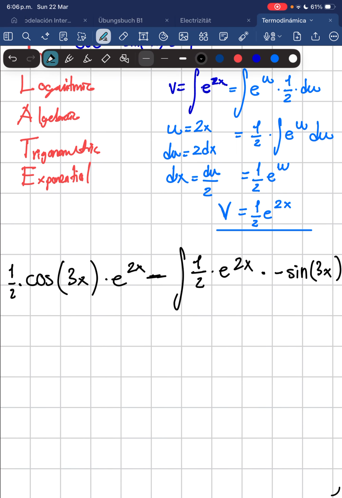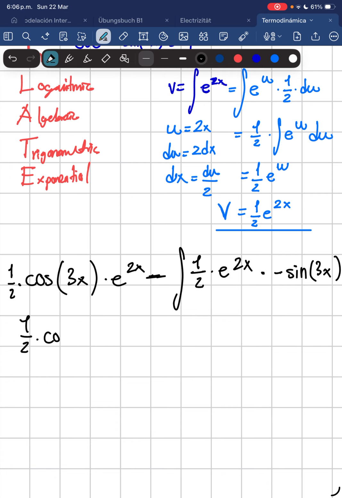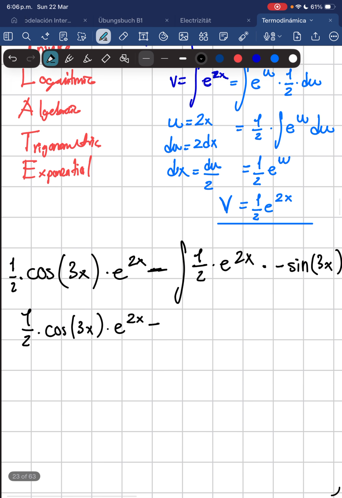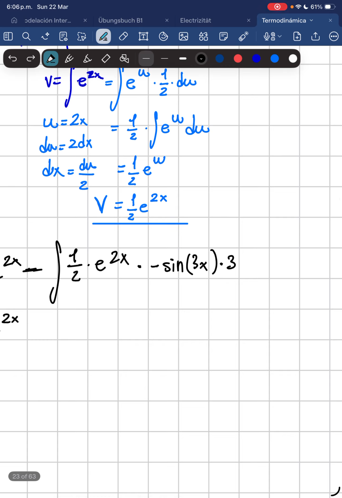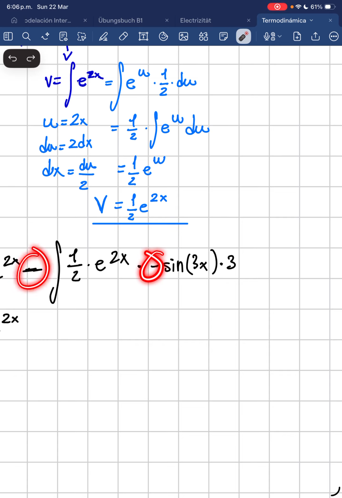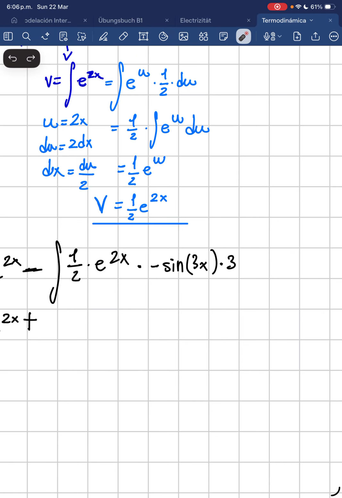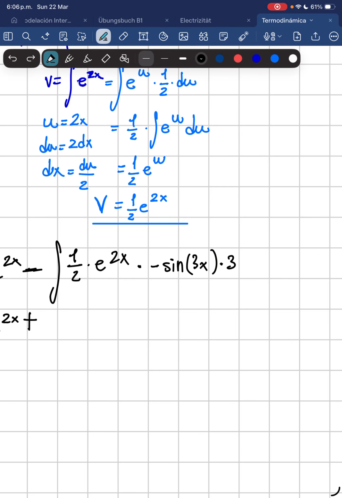This part is gonna stay the same, minus, and here we have two negative signs, so it's a positive one. Before the integral, we're gonna move these independent terms outside, so it is 3/2 times the indefinite integral of our two remaining functions.